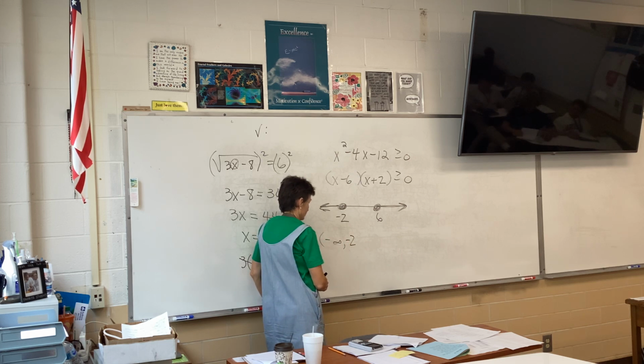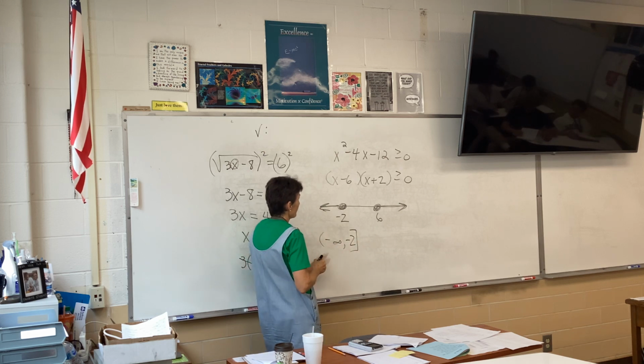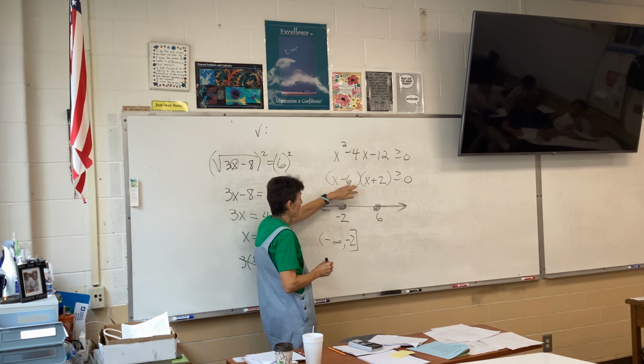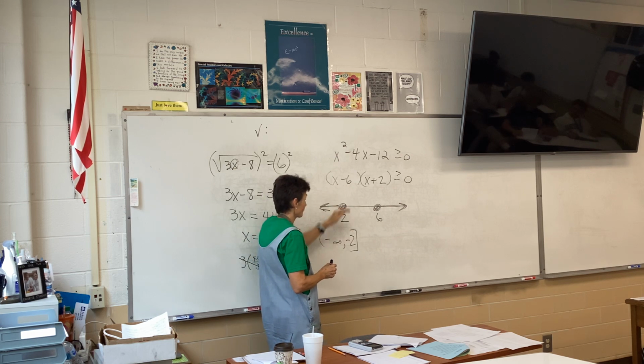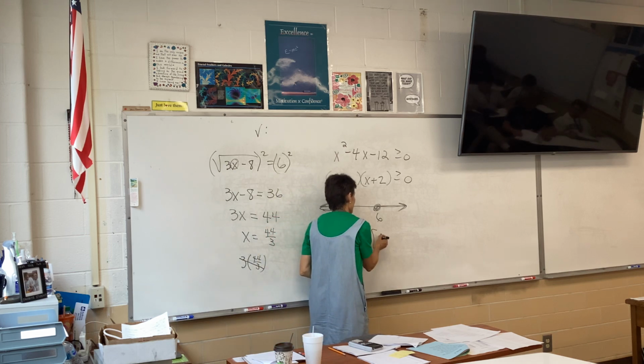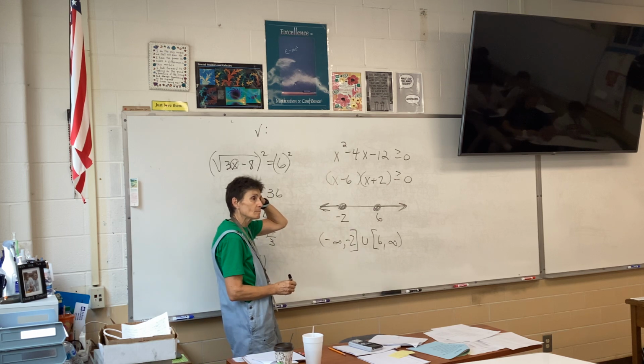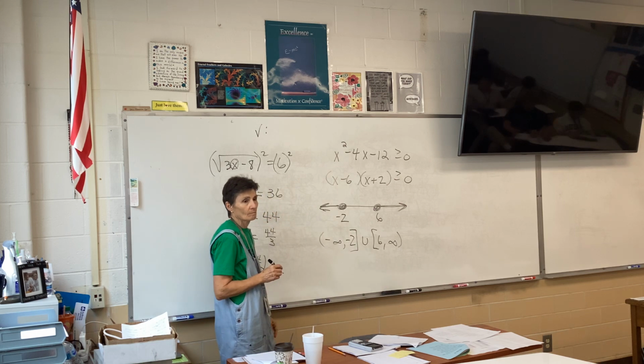Oh wait, sorry, 2. Bracket, union. Remember, my dots are the opposite of what's in here. And so then I'll have 6 comma infinity. Is that right?